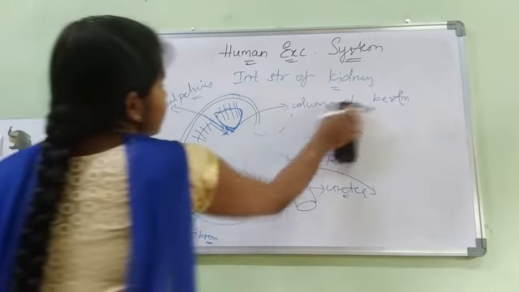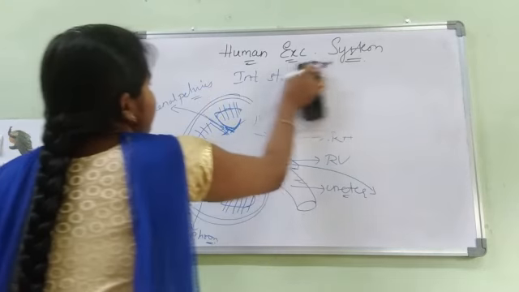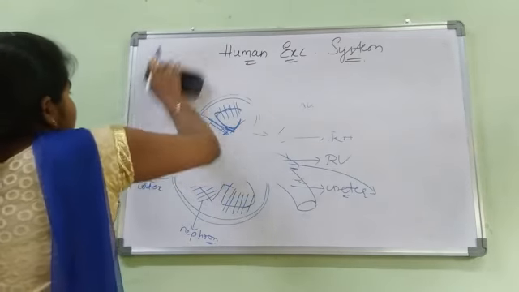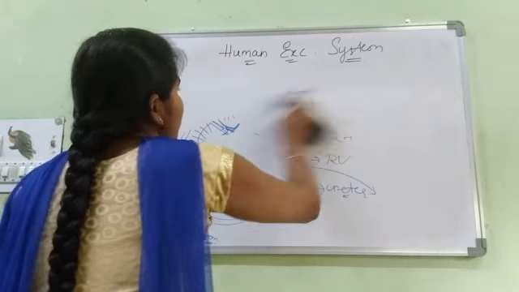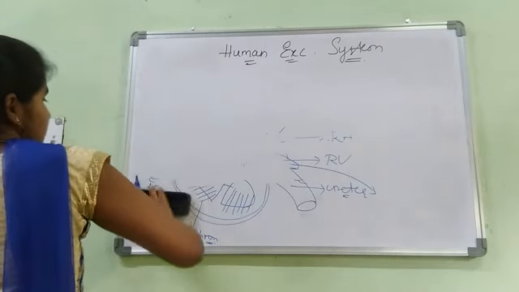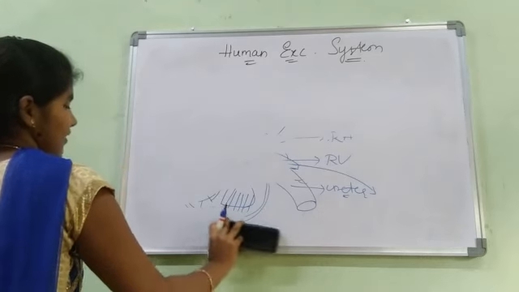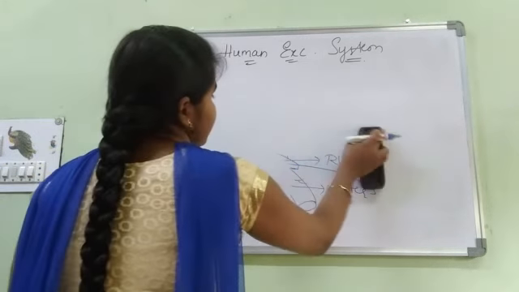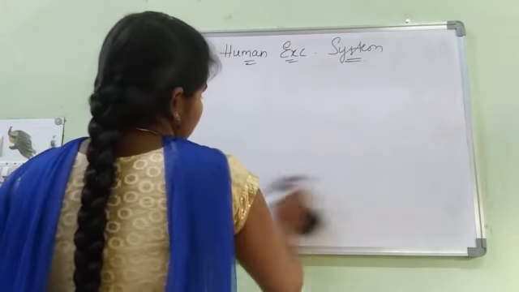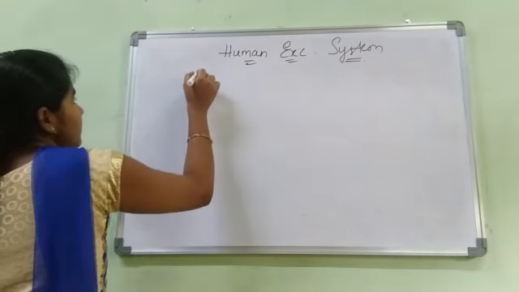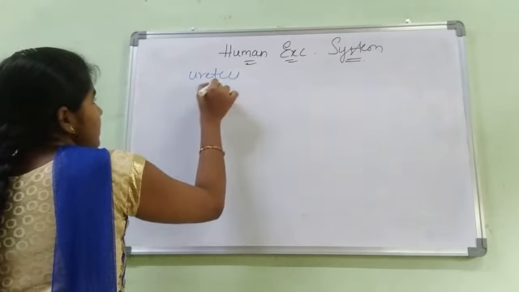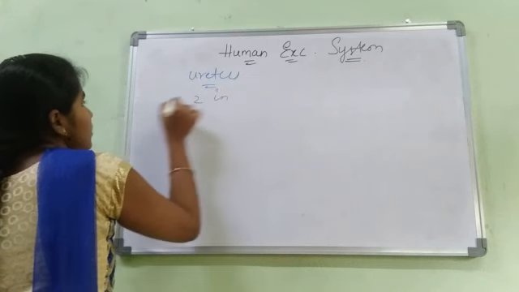Now let us discuss the ureters. First we discussed the kidney, then we go to the ureter, then we will see the urinary bladder, and then the structure of nephron in detail. As I said, your ureters are 2 in number.